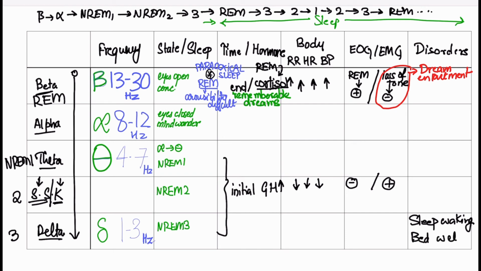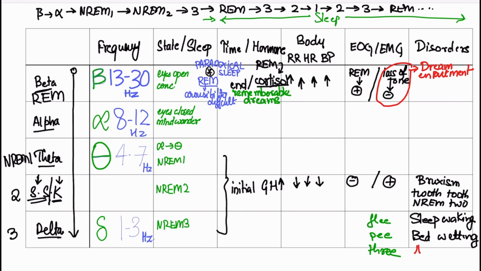So I have taken this mnemonic from First Aid, which says flee and pee in NREM 3. And similarly, we have bruxism. Bruxism is tooth grinding. So we have tooth grinding in NREM 2. While sleepwalking and night terror will occur in NREM sleep because they are unrememberable, nightmares which are rememberable are in REM sleep.